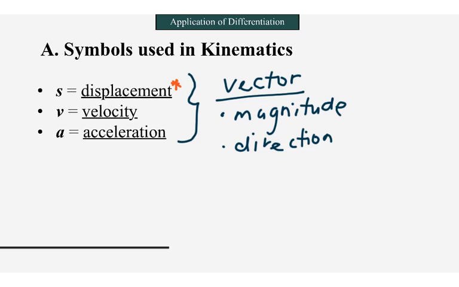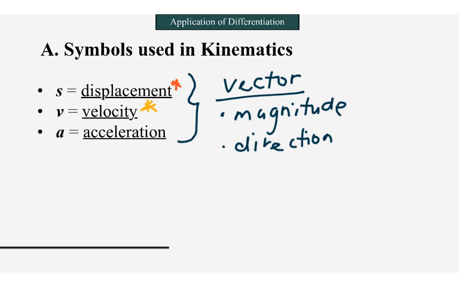So you would expect that since we are talking about directions, negative values are possible for displacement, velocity and acceleration, depending on the direction of the particle moving. Contrast the term velocity with speed, where speed is a scalar quantity, which means that speed will never be a negative value.